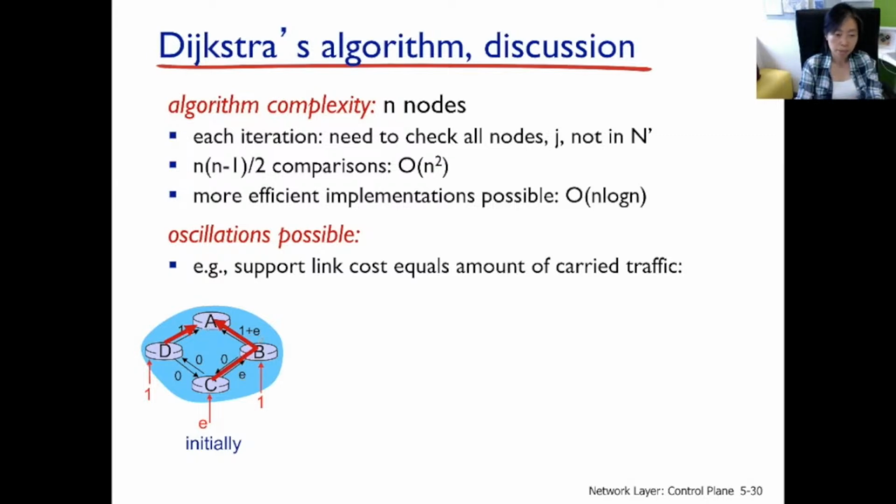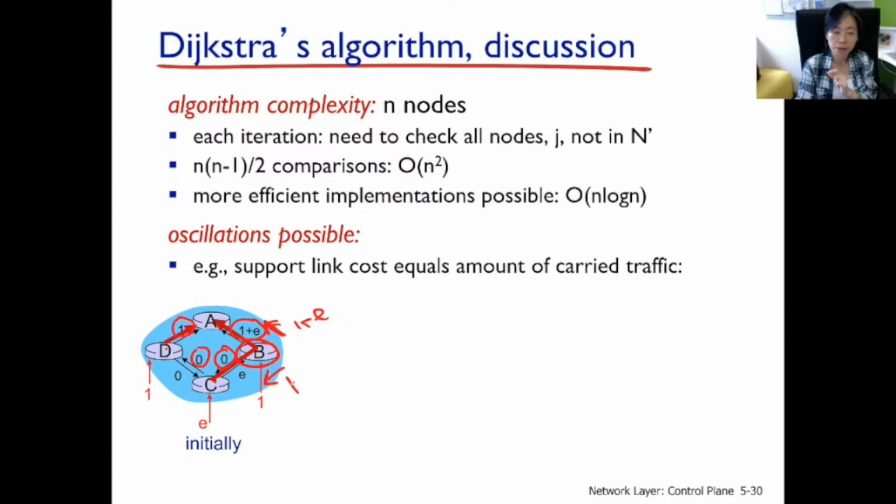So let's see. B here, we'll see 2 possible paths to go to A, right? One is to go counterclockwise to A, the other clockwise to A. So this direction here, the cost is what? 1 plus E, because there's only one link and the link cost is 1 plus E. If we take this other path, B, C, D, A, yeah, the path cost is the sum of the link costs, 0 plus 0 plus 1.